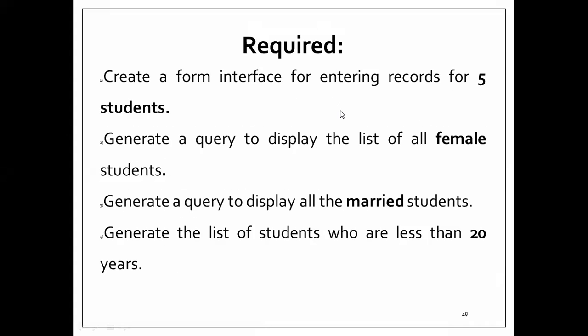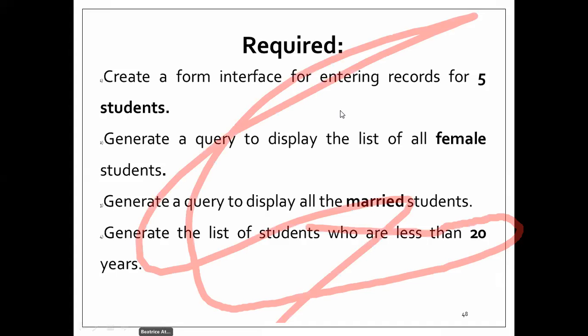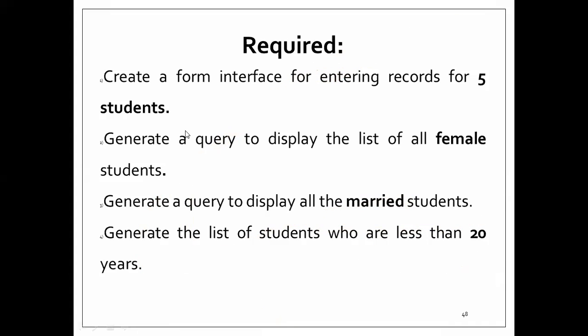Then you can't run a query if you don't have records. So after entering the data of 5 students, we can now run queries. Remember, a query is an object used to display records.